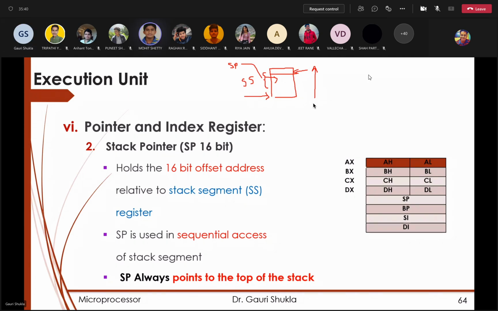Yes, ma'am. But if it is already on the top and we try to increment it... I said the base is over here. The stack segment, the base memory location, the starting memory location is this. That is there in the stack segment, which is in the BIU. If you have pushed 5 numbers, where is your stack pointer?